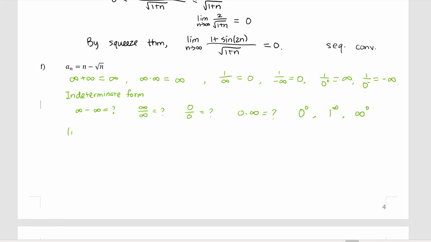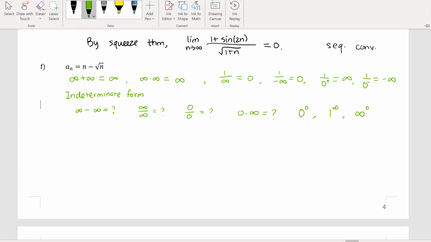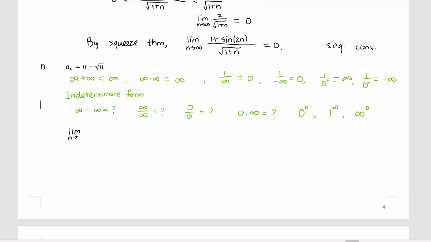However, as we solve the problem, let's use black color. We can change the formula a little bit so that we can tell. Can you see there is a common factor? You can consider n to be the square root of n times the square root of n.